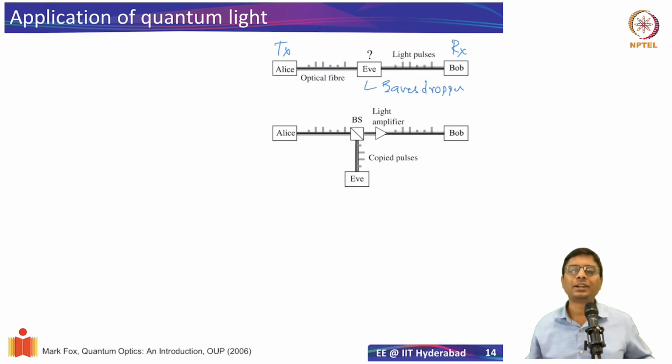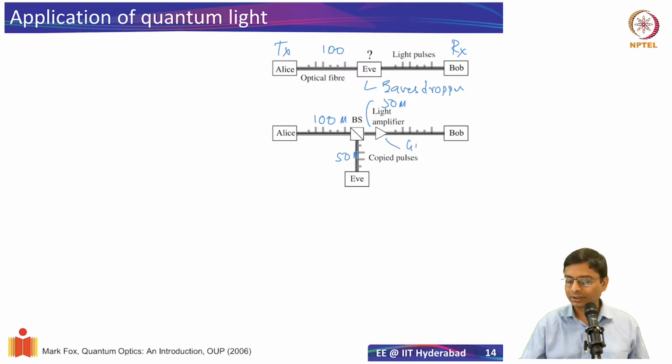Now if you send the information in the classical approach, let's say you're sending maybe 100 million photons. Eve can easily put a beam splitter here and take 50 million photons, read them, and send out 50 million photons forward, and then put an amplifier with gain 2.